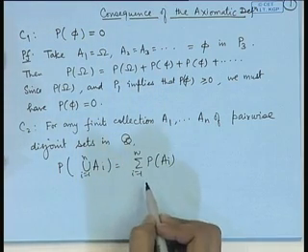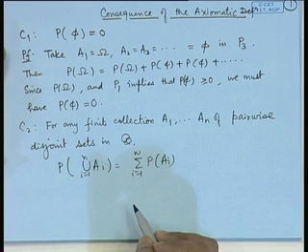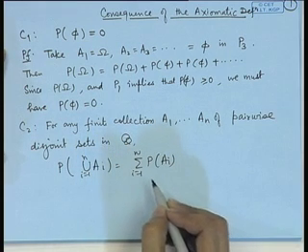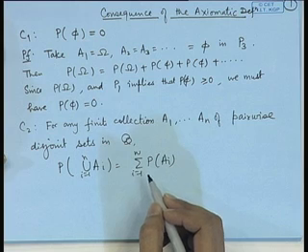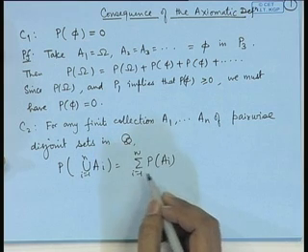Let me explain why we need this finite additivity consequence to be proved here. We have assumed the countable additivity axiom, but that does not necessarily imply the finite additivity.